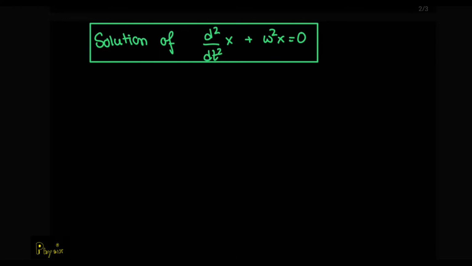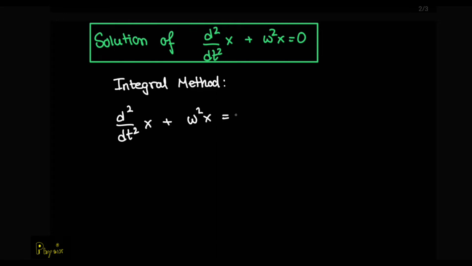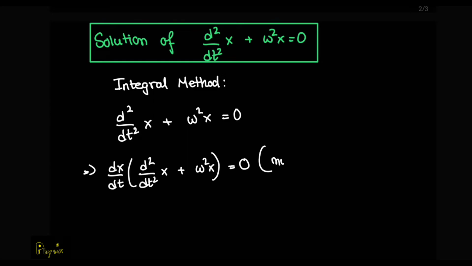When dealing with the solution, we use the integral method to come up with our required equation. Now, in the integral method, we first take our equation, which is the second derivative of x plus ω²x equals 0. And then what we do is we multiply both sides by dx/dt.